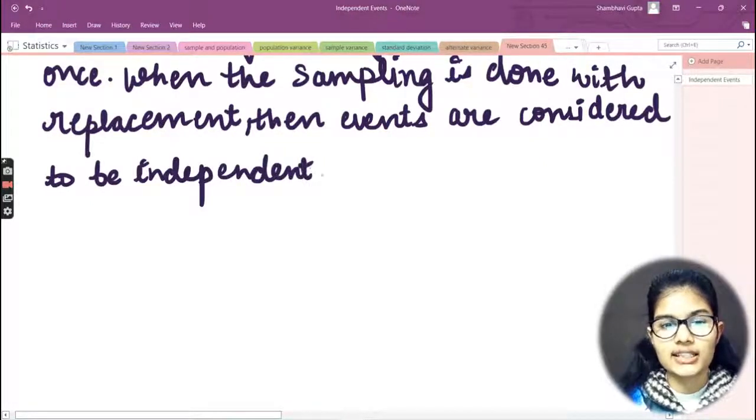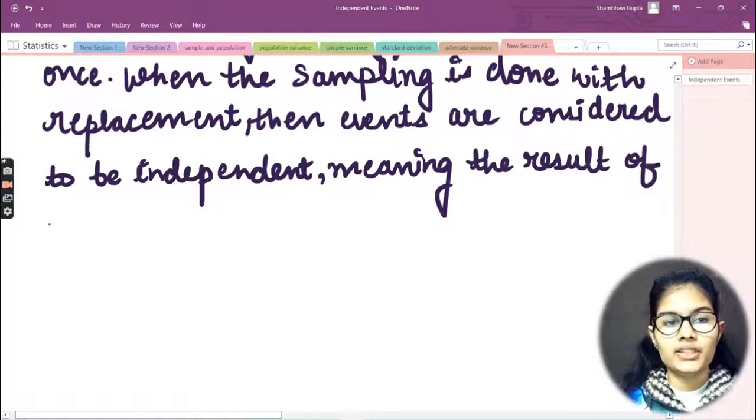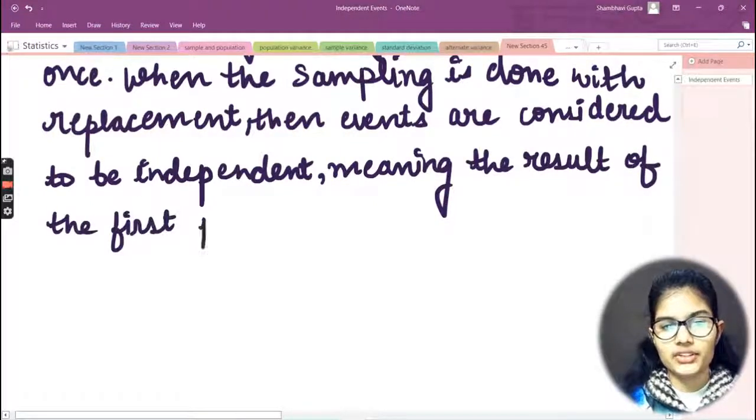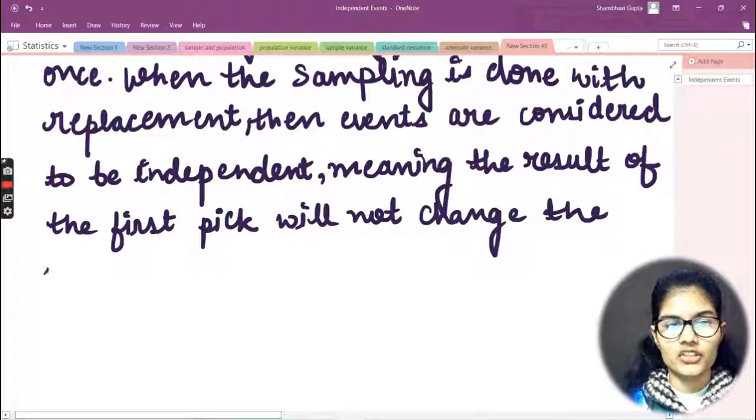Then the events are considered to be independent, meaning the result of the first pick will not change the probabilities.